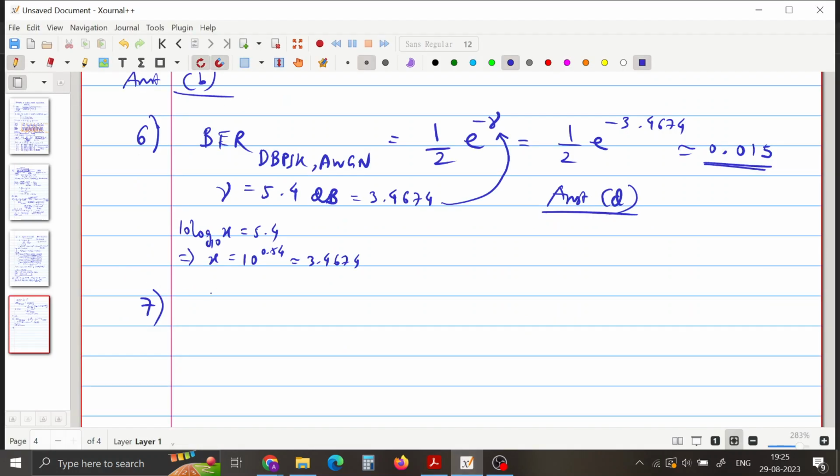So again, go back to your lectures, recall the table for bit error rate.